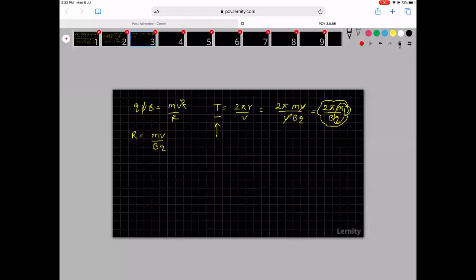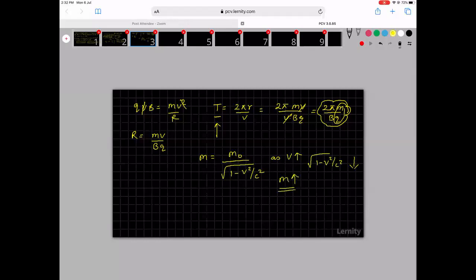As far as electrons are concerned, the mass of an electron is equal to m0 divided by root over of 1 minus v square by c square. So as v becomes large, that root over of 1 minus v square by c square becomes small, and the m becomes large.